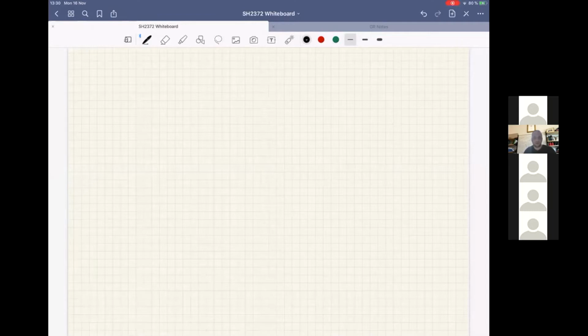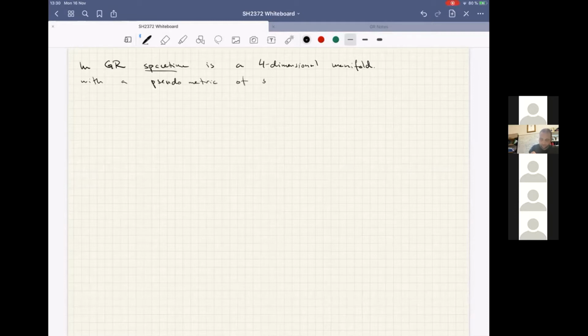So in general, though, in the general theory, so in general relativity, space-time is a four-dimensional manifold with a pseudometric of signature, you can guess this now, signature 1, 3.